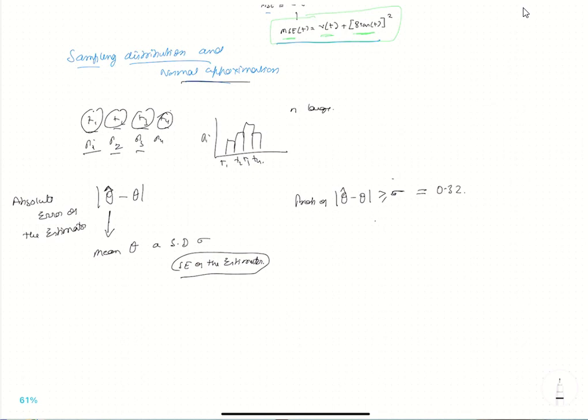More than 1.64 sigma is going to be 0.10, more than 1.96 sigma, which is the 95% level, is 0.05, and more than 2.58 sigma theta hat is equal to 0.01.